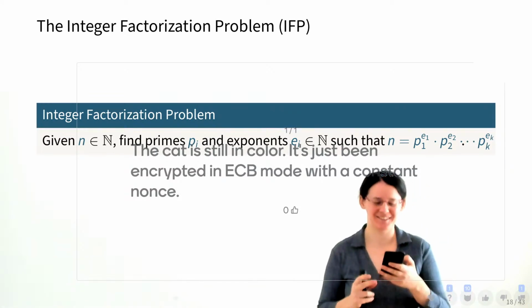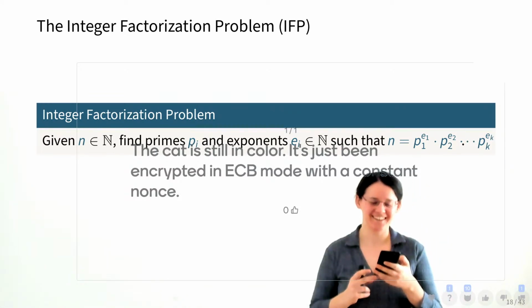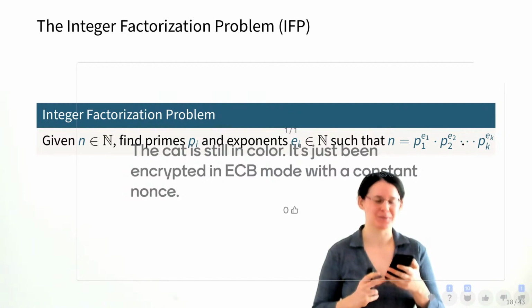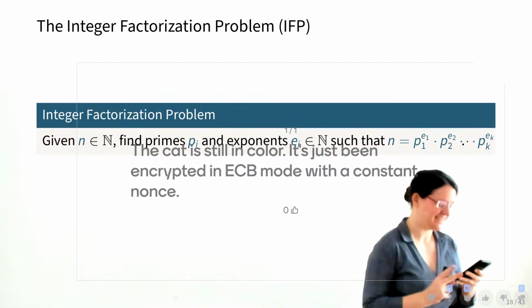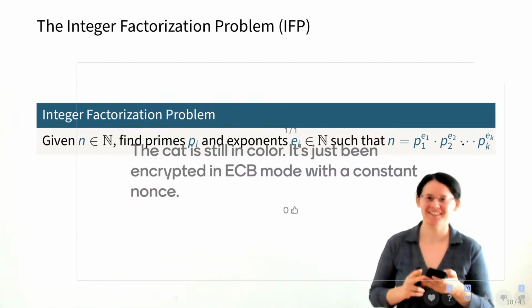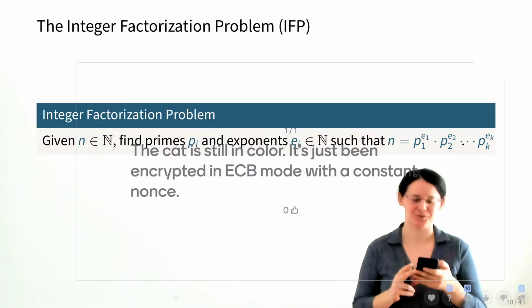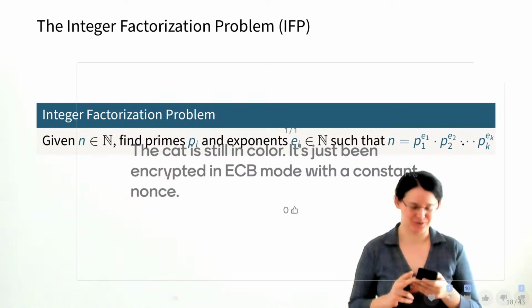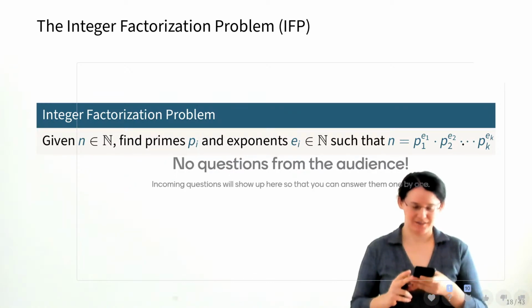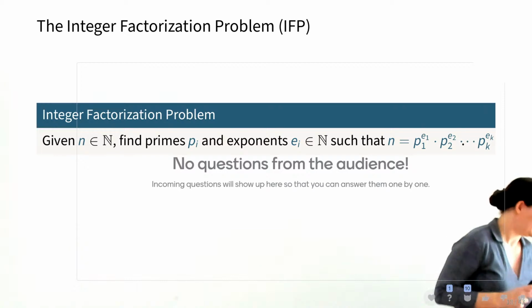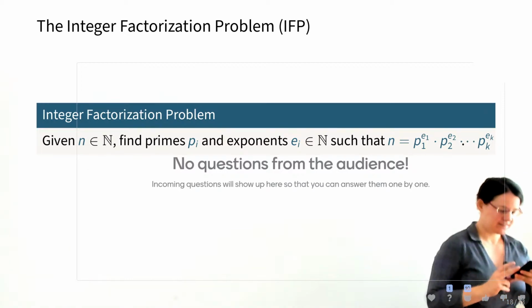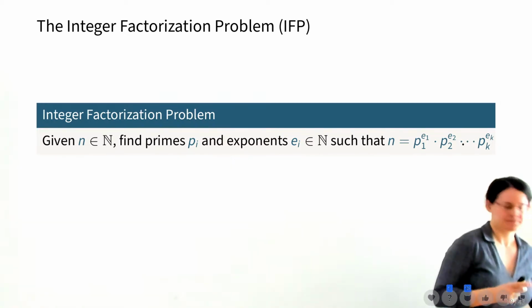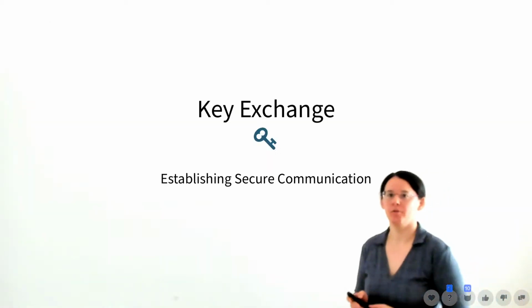There is another suggestion about what might be the reason: it's still in color, it's just encrypted in ECB mode with a constant nonce. Very sneaky. Okay, well, it's not painted, it's just usually too shy to show up. That's why you all mostly only know Hexe and not Wichtjet. But he's lovely. Okay, let's close the questions and go back to what we're trying to do.